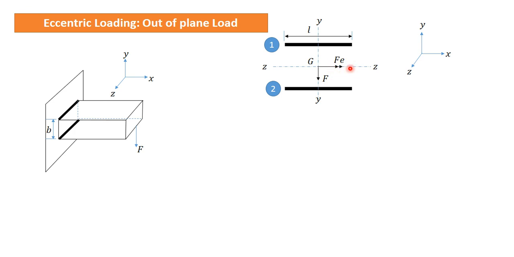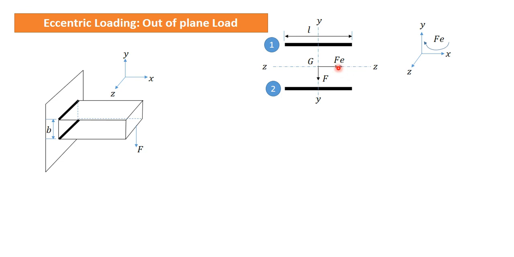This F into E is basically acting in the XY plane like this. If we see it here, this is in the XY plane, and the plane which we are showing here is the YZ plane, so we cannot show it like this. We have shown it with another symbol that we use for showing moment, that is a double arrow.